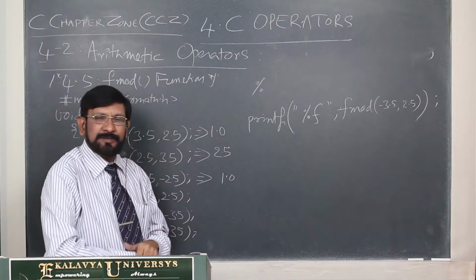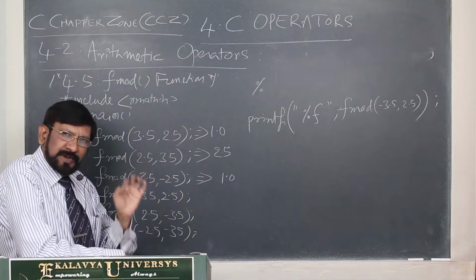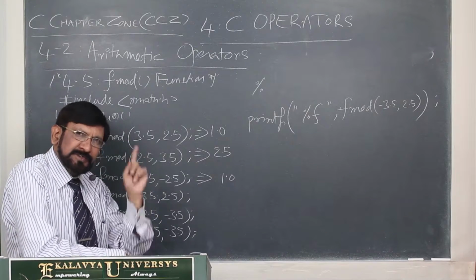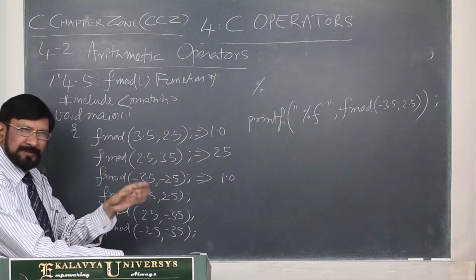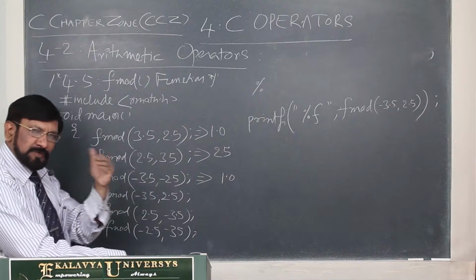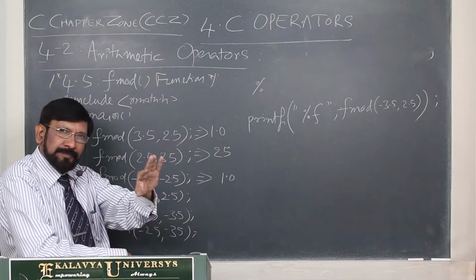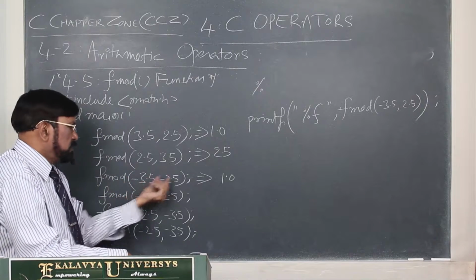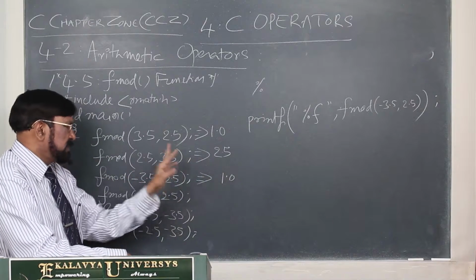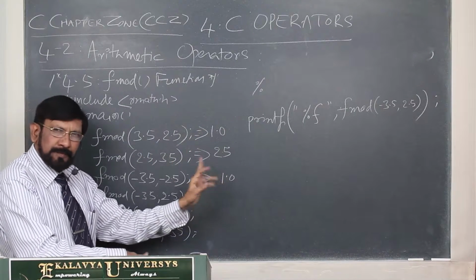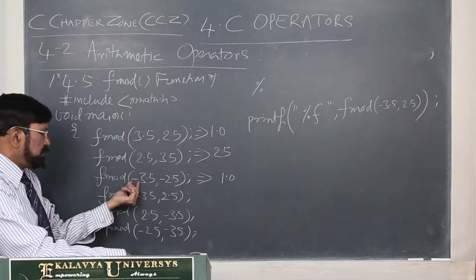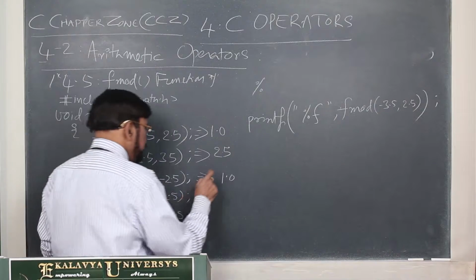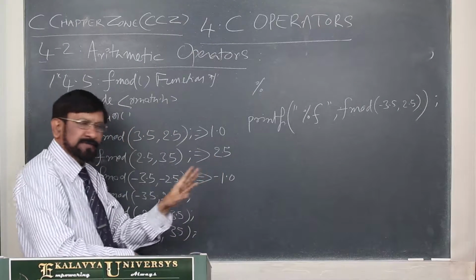Now the sign factor. The sign of the result in a modulus operation is the sign of the numerator. Don't think of anything else. If you want to think logically, think and get it, but I don't want to confuse you. That's why I am giving this thumb rule. So as far as 1 is concerned, you don't have any problem. And now the sign: the sign of the numerator is always the sign of the result.